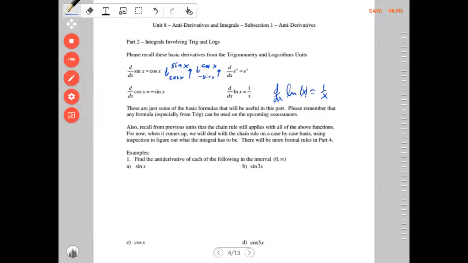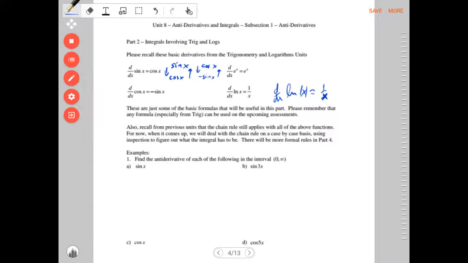We said that's worth remembering at the time. That's important because when we have a single x on the bottom, the integral of that is going to be ln absolute x. We'll talk about that at length shortly.